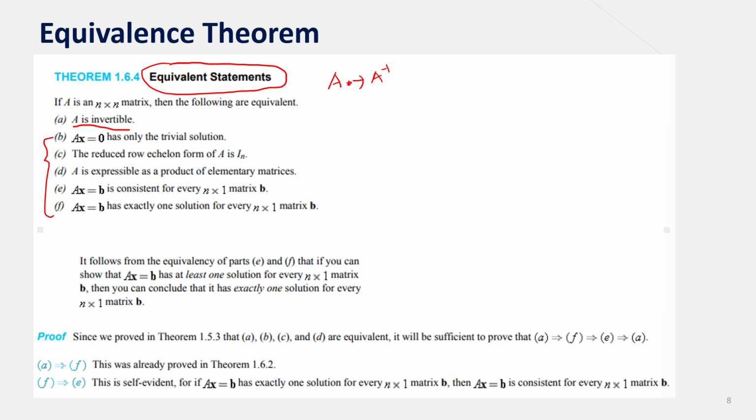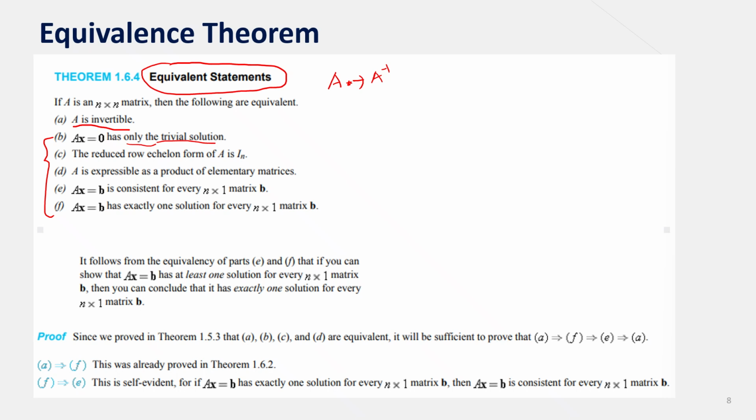And the other way around, if A is not invertible, then all the following statements are also false. Okay, so for example, if A is invertible, then AX equals 0 has only the trivial solution.